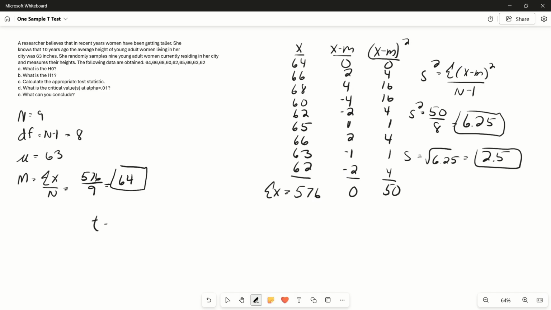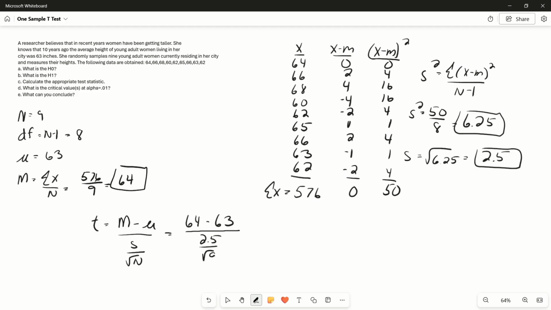So once again, t is M minus mu over s divided by square root of n. So M is 64. The null hypothesis mean is 63. So right away, I'm very close to the null hypothesis. That's not good. That's not what I want. S here is 2.5 and n is 9.